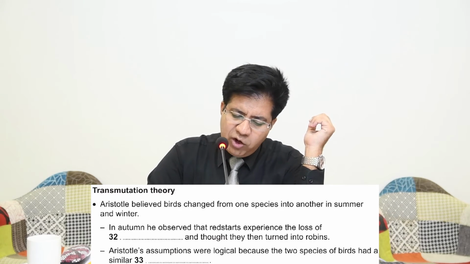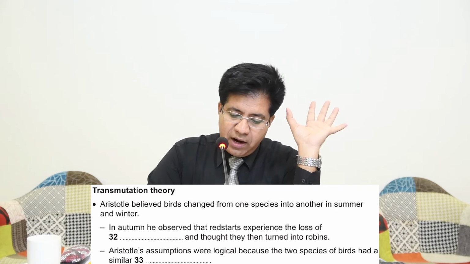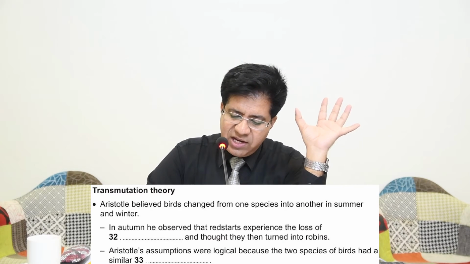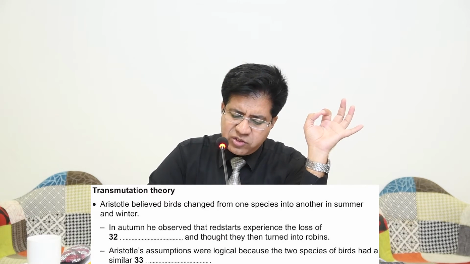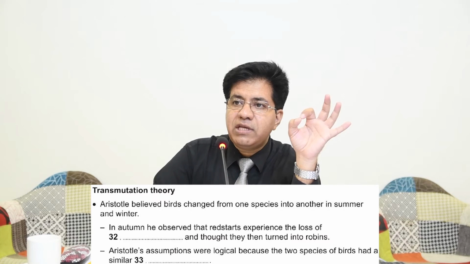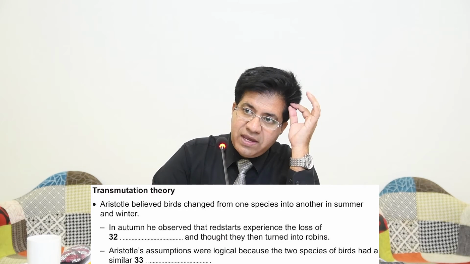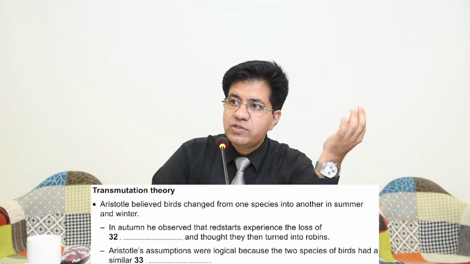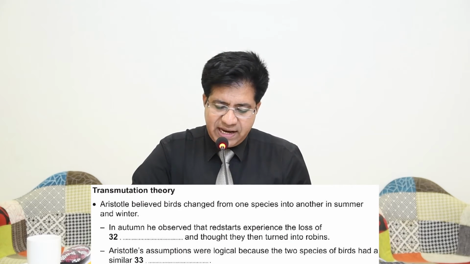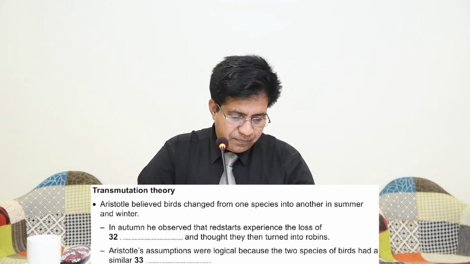Aristotle observed that redstarts experienced the loss of something, and thought they then turned into robins. Loss of something, they started losing. For example, you say hair loss, loss of hair. What is it that they started losing in autumn?